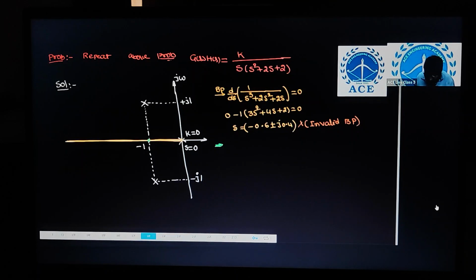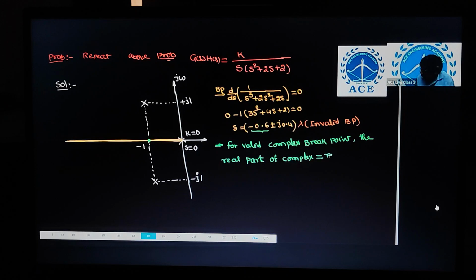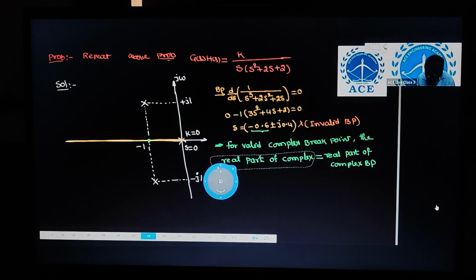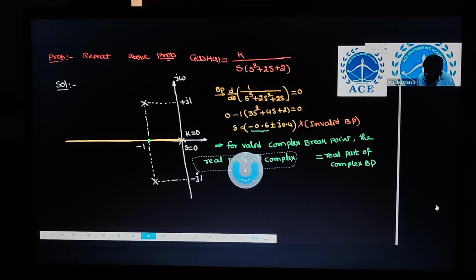For a valid complex break point, the real part of the complex pole should be equal to the real part of the complex break point. Then only it is valid.